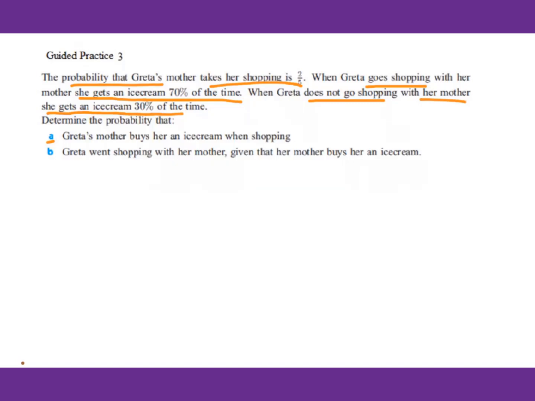We need to make a tree diagram for this situation. This one is mom takes Greta shopping. That's G. G prime means her mom didn't take Greta shopping. So we have 2 over 5.